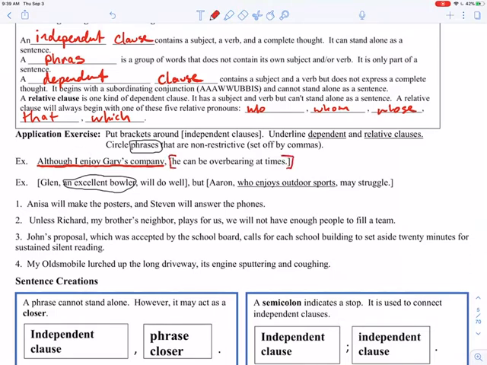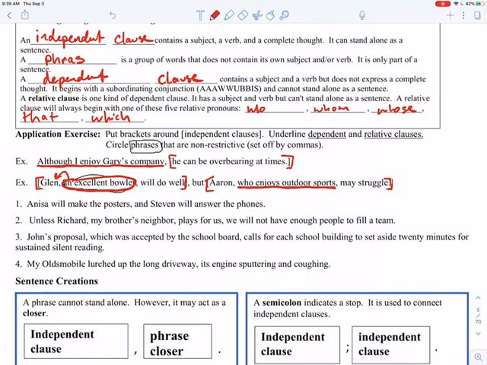For the second example, Glenn will do well and Aaron may struggle could be independent clauses. They're both interrupted by, in this case, an appositive phrase modifying Glenn, and a relative clause, who enjoys outdoor sports, modifying Aaron.